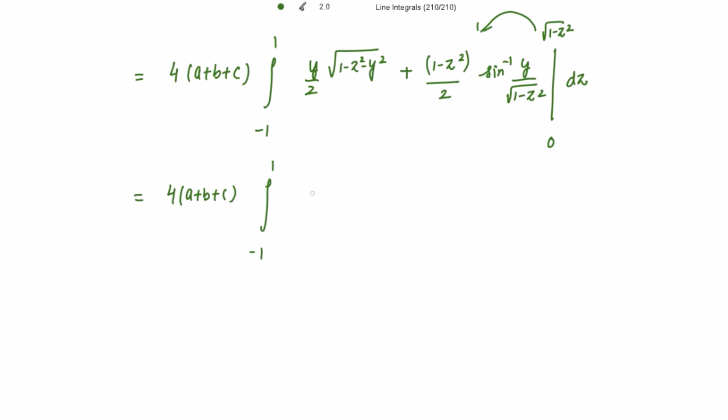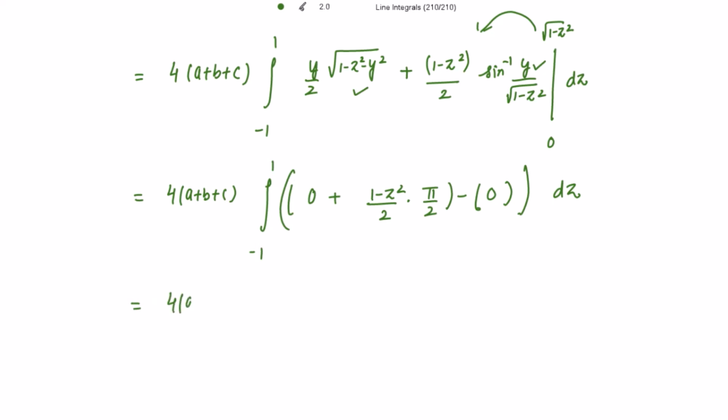When putting the upper limit, we get the first term as 0 plus (1 − z²)/2 into sin⁻¹ 1, that is π/2, minus putting y equal to 0 over here, we get 0, and also if you put y equal to 0 over here, you get 0. sin⁻¹ 0 is 0. So this is 0, dz.